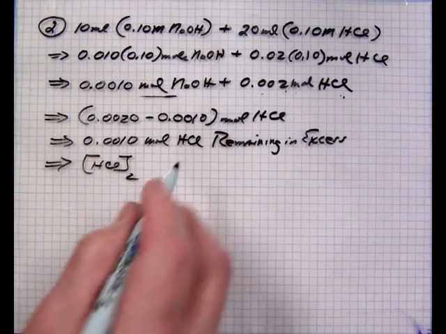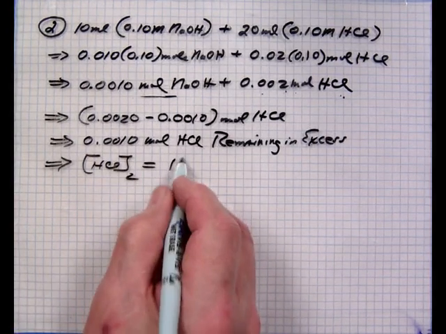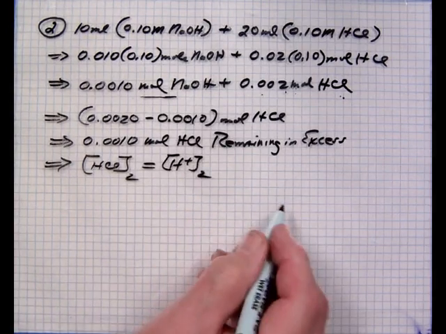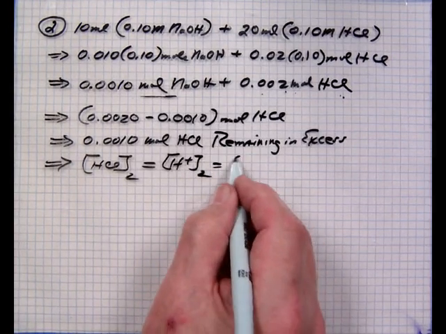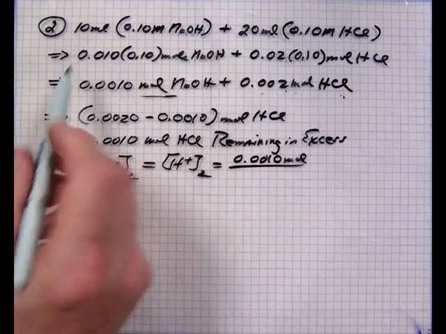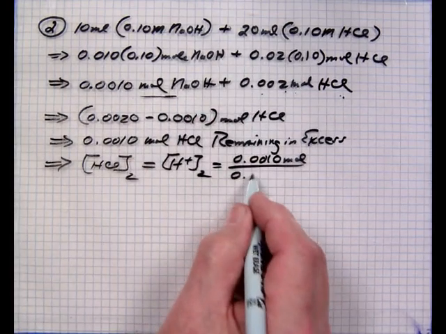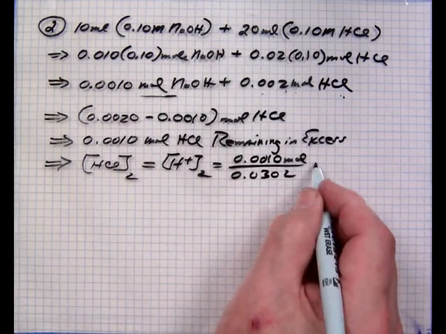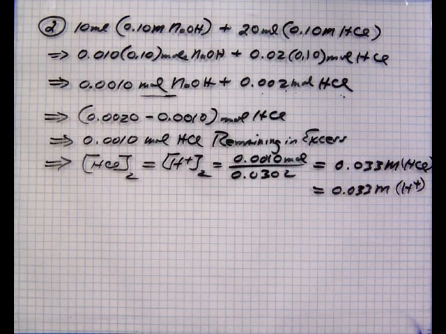Well, we need to calculate the new concentration of hydronium ion after the second titration, and that is 0.0010 mole of HCl divided by 10 and 20, that's 30, 0.030 liters. So that will convert to 0.033 molar in hydrochloric acid, which is also 0.033 molar in hydronium ions.